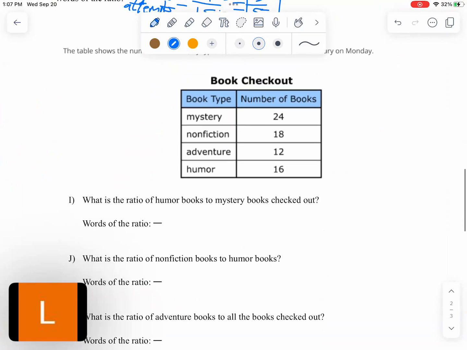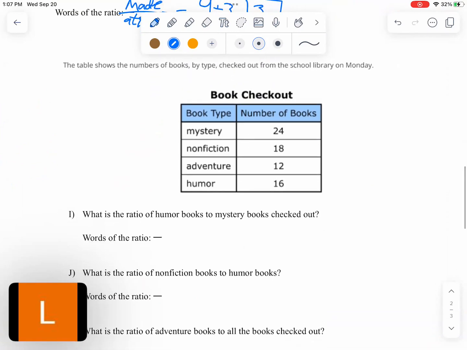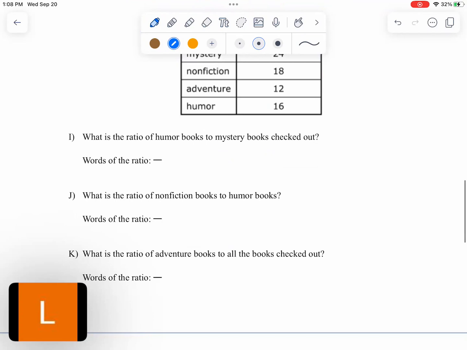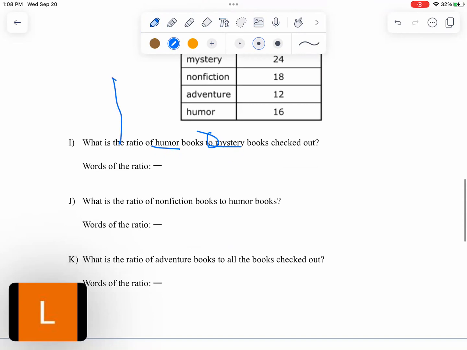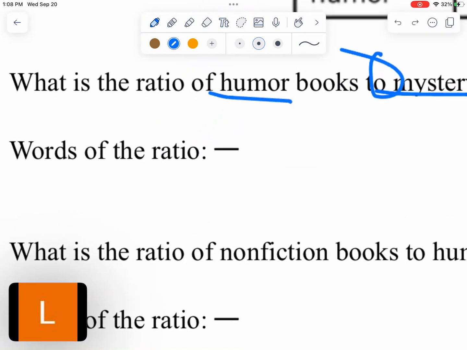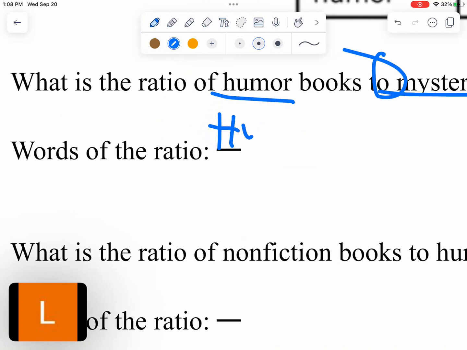Next one. This table shows the number of books by type checked out from the school library on Monday. Okay, so we got several types here. Ratio of humor to mystery. So humor over mystery.